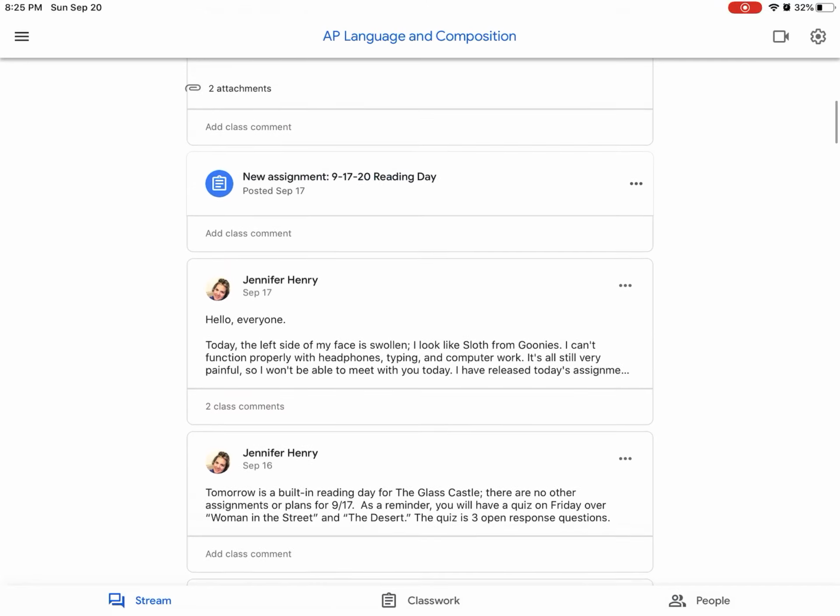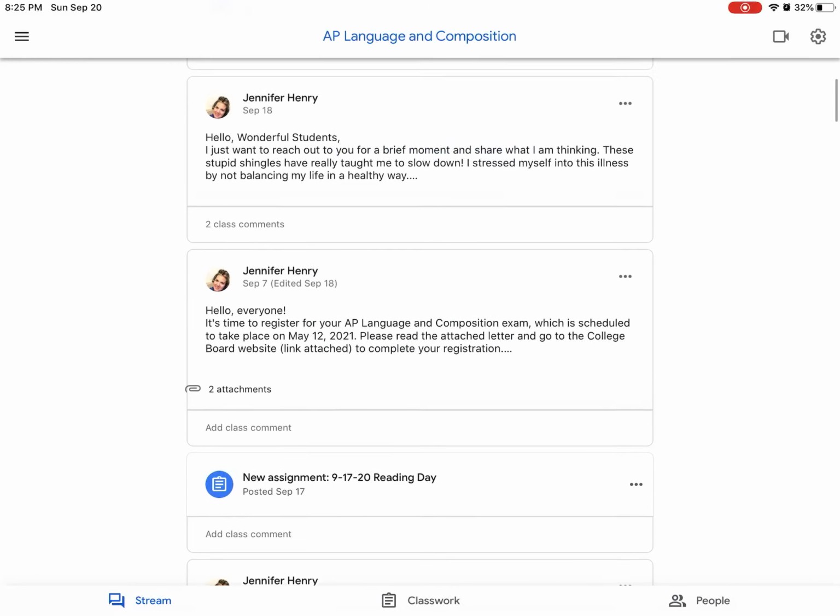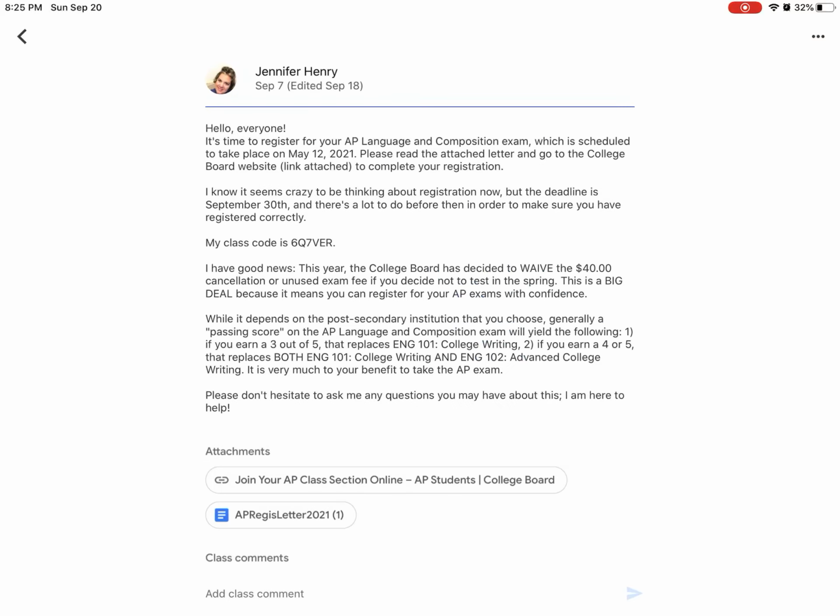So the AP test is in May, and there is information on Google Classroom about how to sign up for it. And the sign up, I think, the due date is coming up. But if you look at this paragraph here, it says, while it depends on the post-secondary institution that you choose, generally a passing score on the AP Language and Composition exam will yield the following.